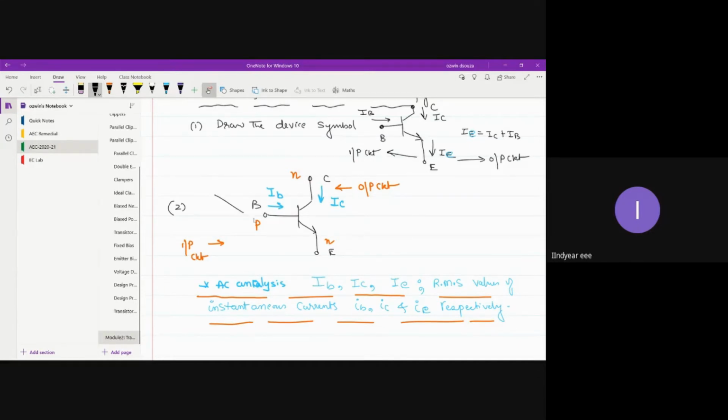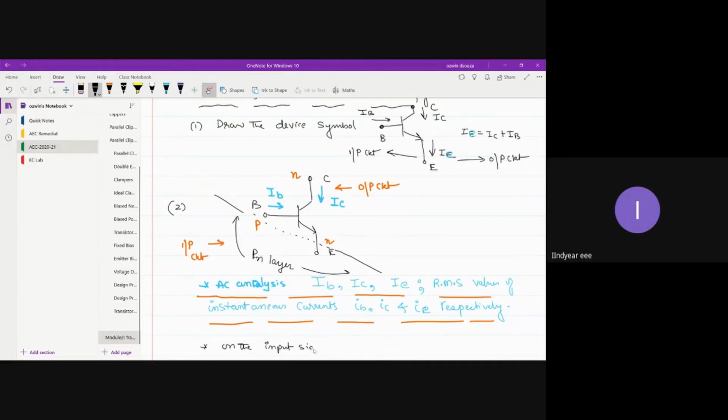Now, on the input side, what do you have? You have P and N layer. Okay, so you have PN layer.